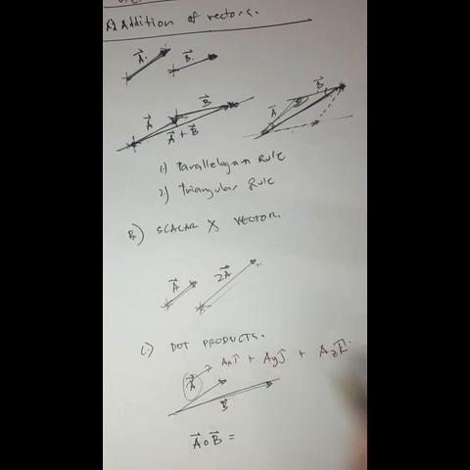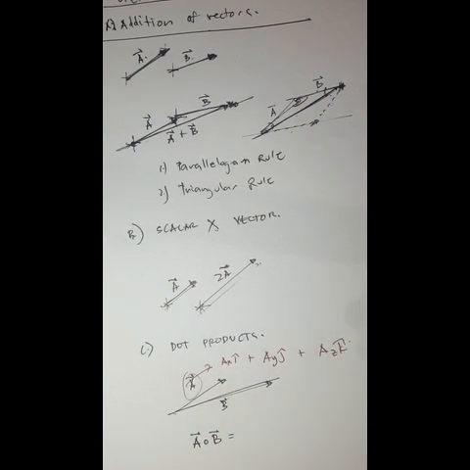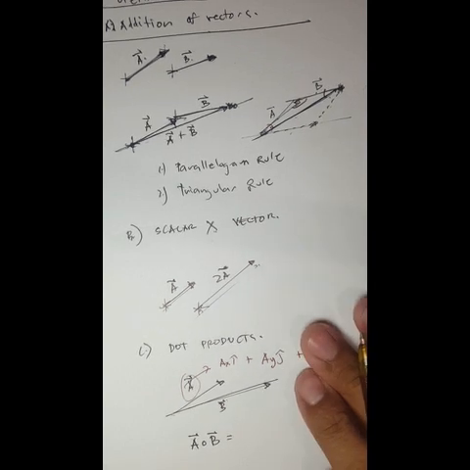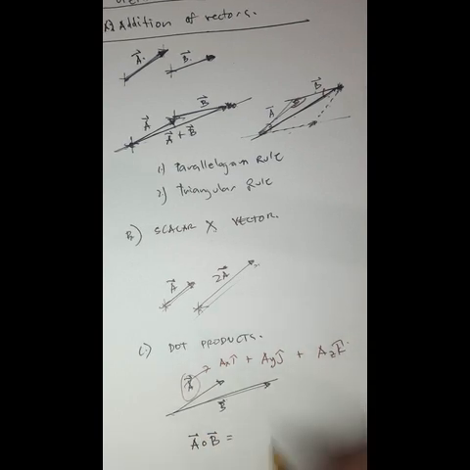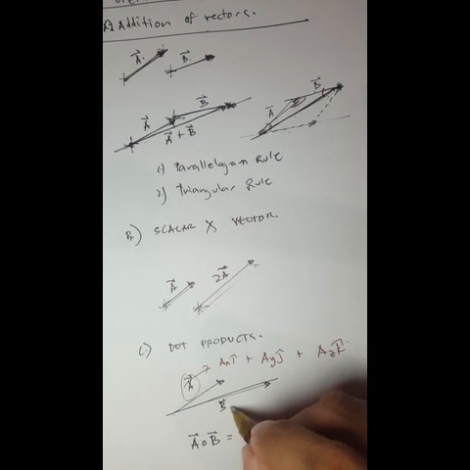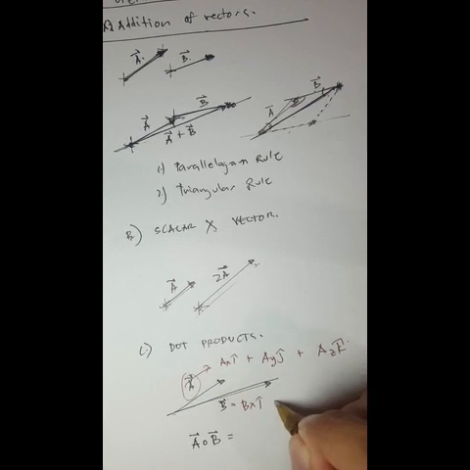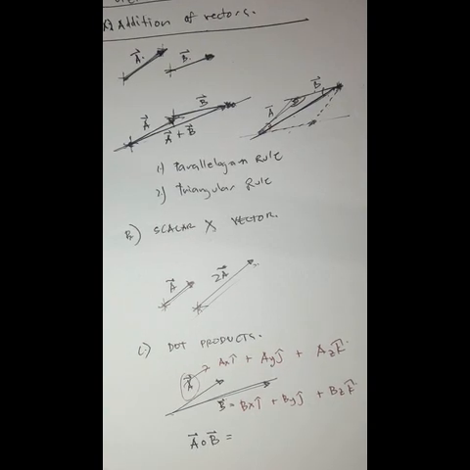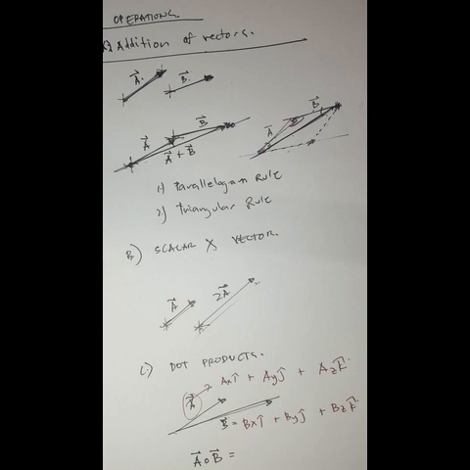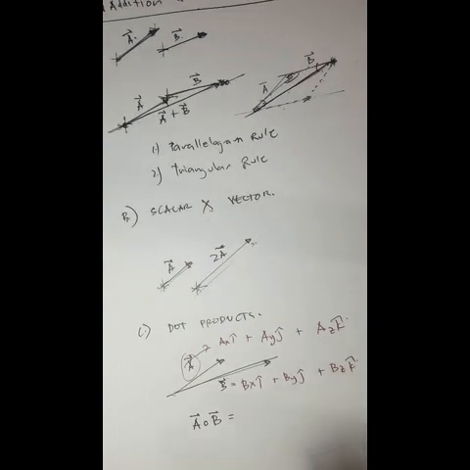It has 3 components if it's in 3-dimensional space, or just 2 components if it's just a 2-dimensional plane. The same goes for the vector b: bx along the i direction plus by along the j direction, and bz along the k direction.